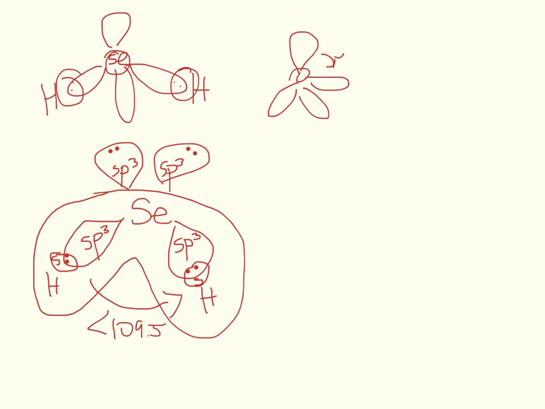But that's if all the electron groups were equal, meaning if they were all lone pairs or if they were all bonded pairs. But in this case, we have two lone pairs and we have two bonding pairs.